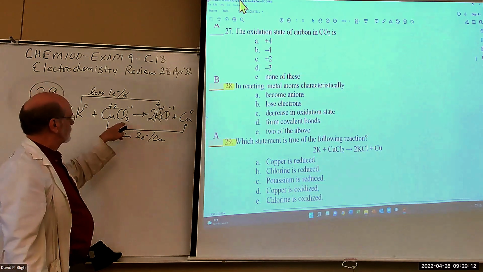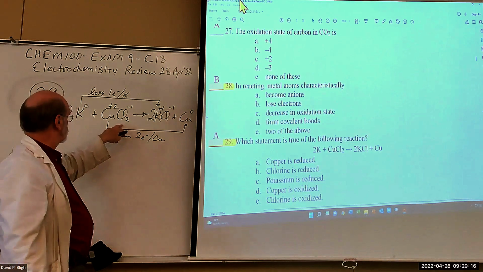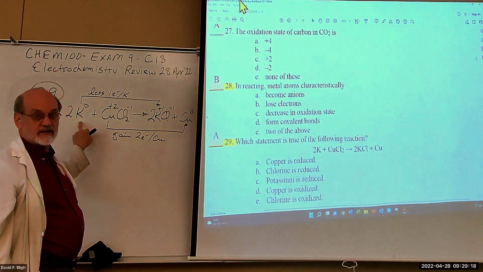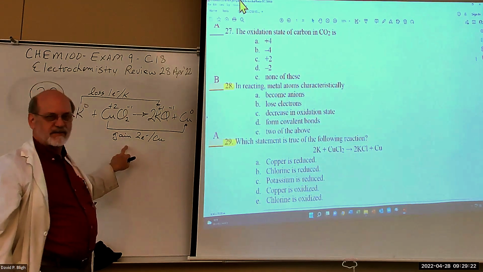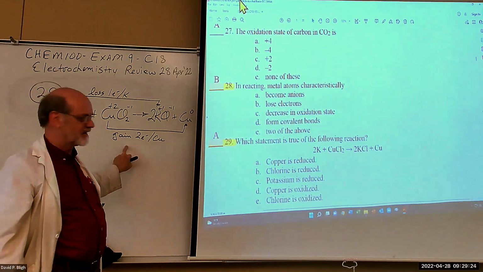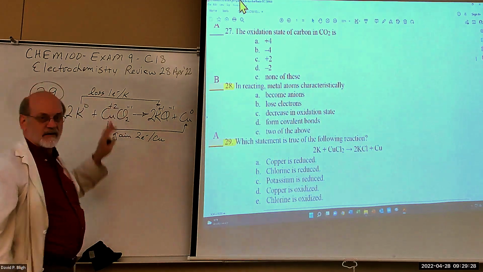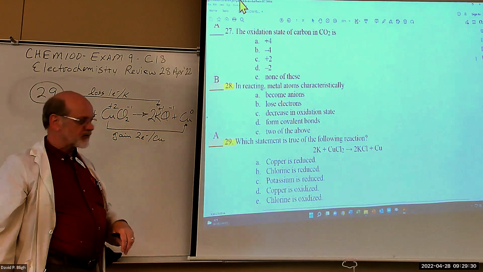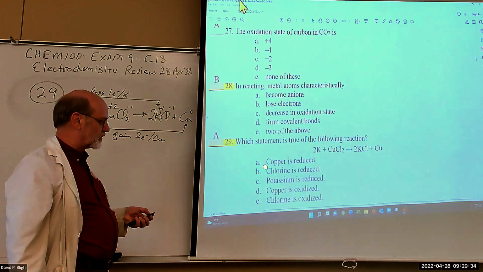Chlorine is reduced. No, chlorine doesn't change. Potassium is reduced. No, potassium is oxidized. Copper is oxidized. No, it can't be reduced and oxidized both. So D is also false. Chlorine is oxidized. No, chlorine doesn't change. So our answer is A. Copper is reduced.